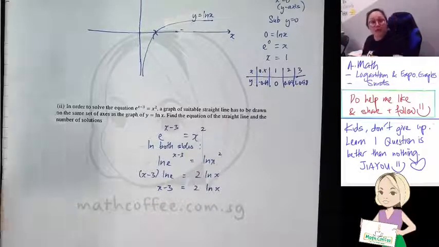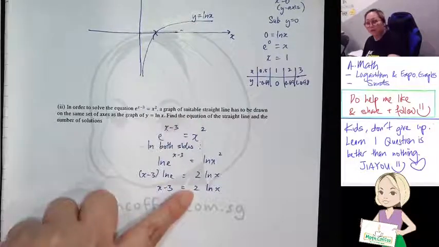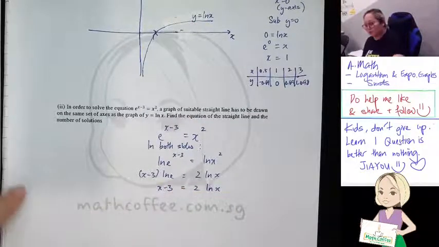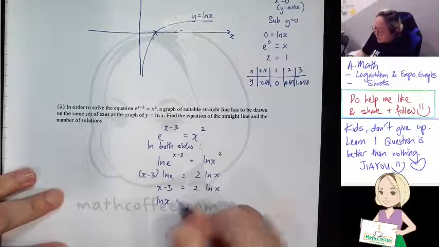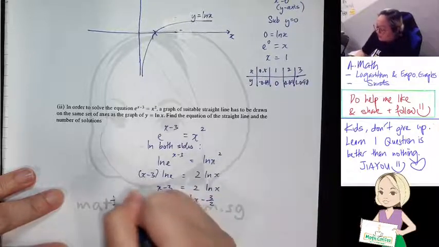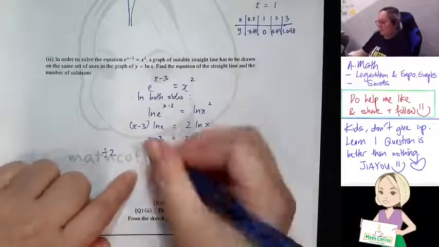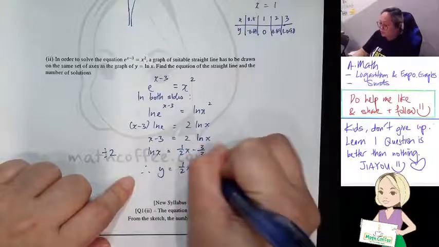I'm almost there because I'm supposed to get ln x, but now I have 2 ln x. So all I need to do is divide by 2. So ln x is equal to half x minus 3 over 2. So now I have my ln x. Therefore y is equal to half x minus 3 over 2.